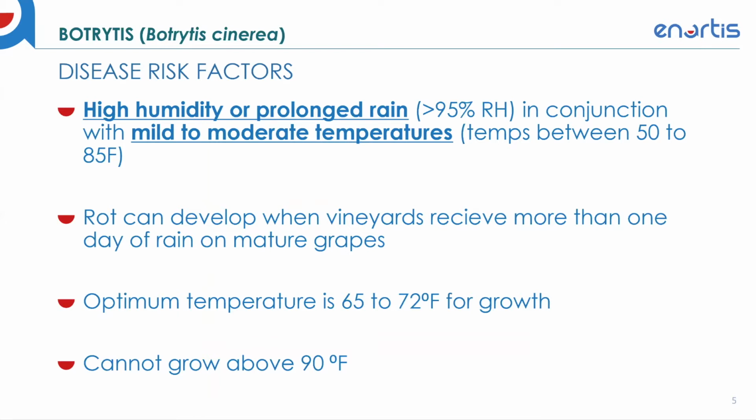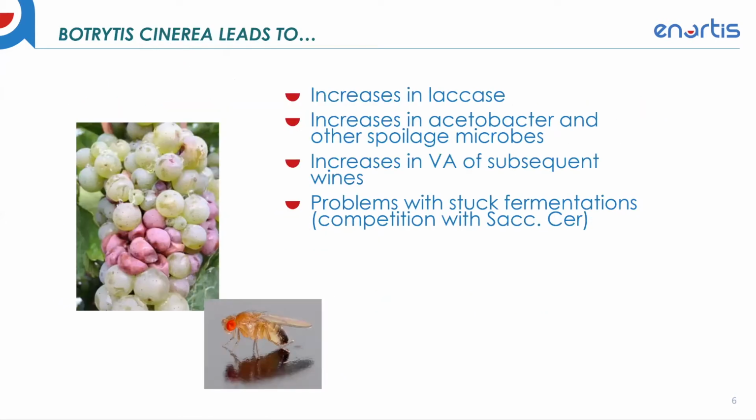So some of the impacts of botrytis that I'll be talking about: increases in laccase. Laccase is an enzyme that has some very detrimental impacts on quality. We can have increases in acetobacter and other spoilage microbes. I think you guys are going to be talking about sour rot in the next presentation next week, so I won't go into too much detail there.